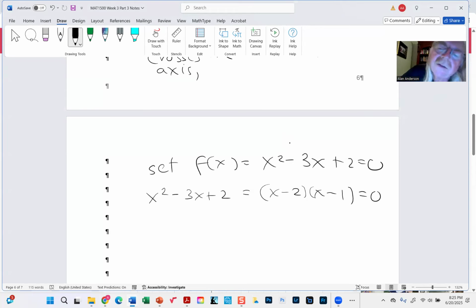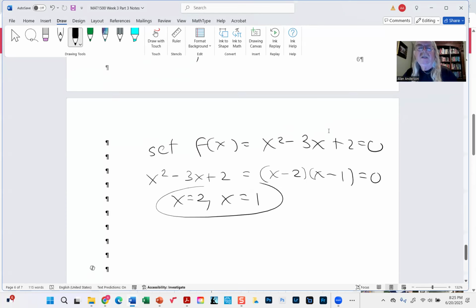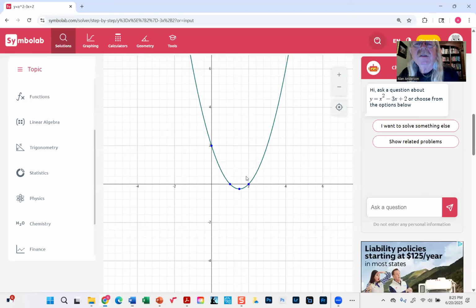Okay, and so that means that x equals 2 and x equals 1. So you can see that here, right there, those 2 points.